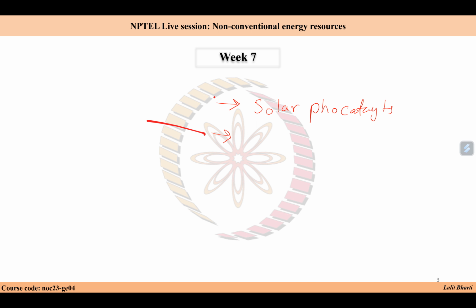Also in this week 7, some part of wind energy is included. So we will be taking wind energy. It will include questions on windmills and wind energy power generation.